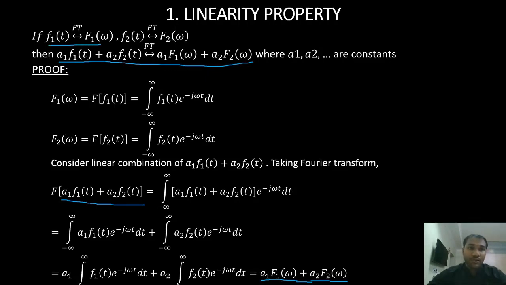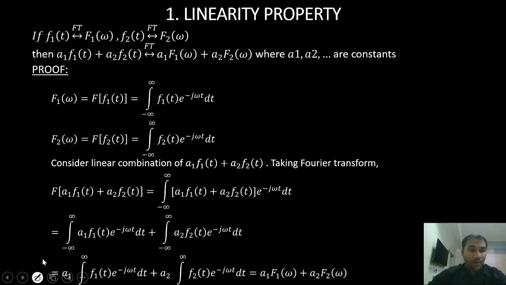If these two are the Fourier transform pair, then this also holds good. That is what we are saying. If f1 of t has a Fourier transform F1 of omega and f2 of t has the Fourier transform F2 of omega, then a linear weighted combination of f1 and f2, a1 f1 of t plus a2 f2 of t, will have a Fourier transform a1 F1 of omega plus a2 F2 of omega, right?